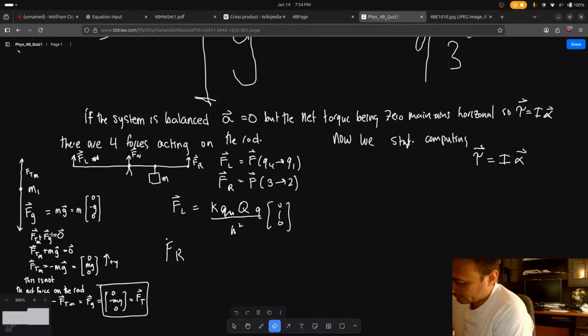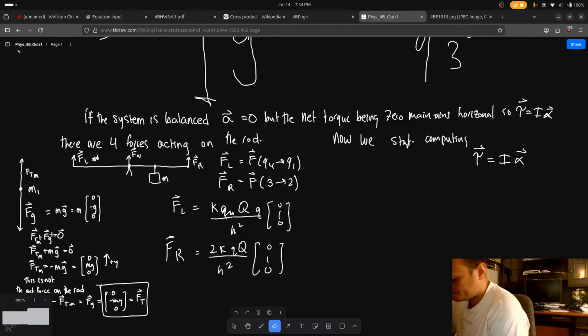FR is equal to 2K QQ over H squared. Okay, so we have the forces. Now let's get the R's, right?